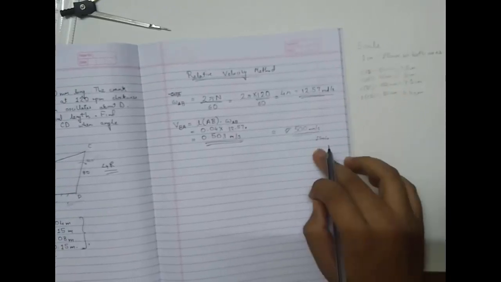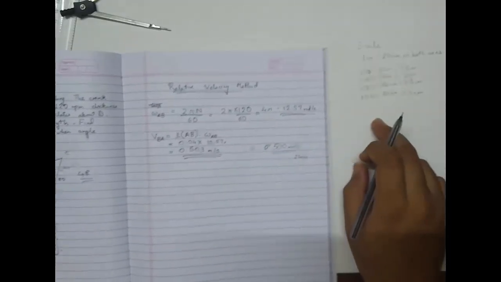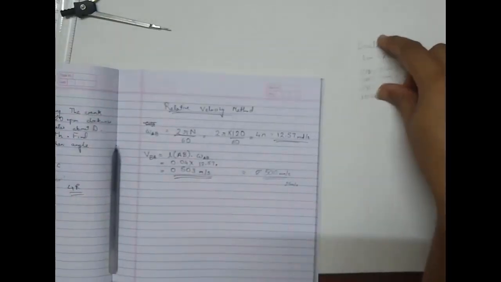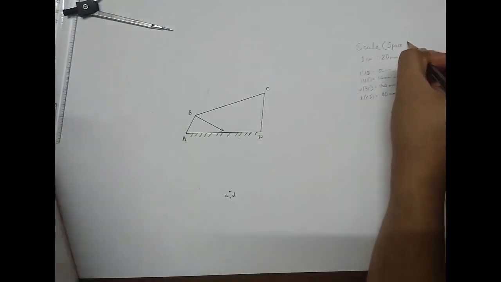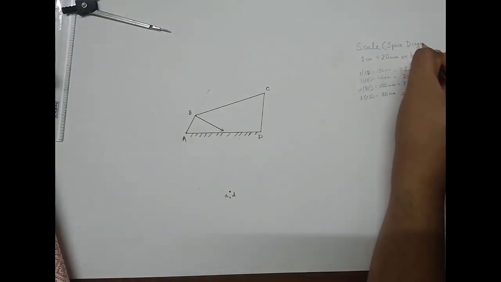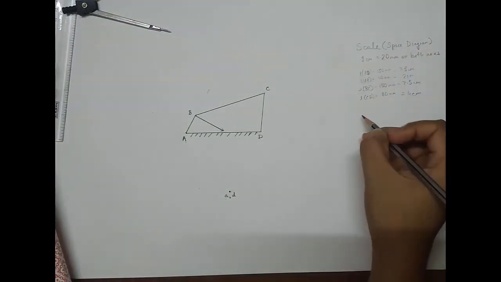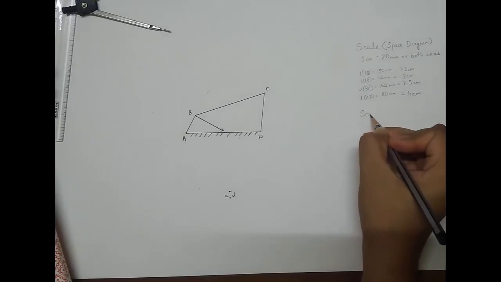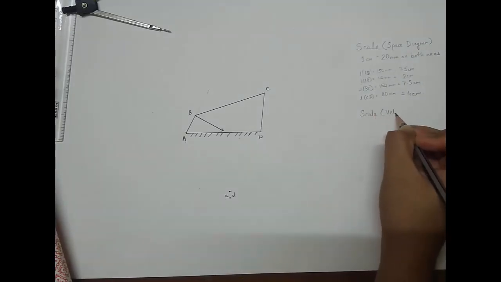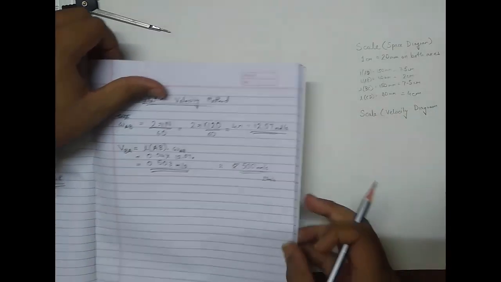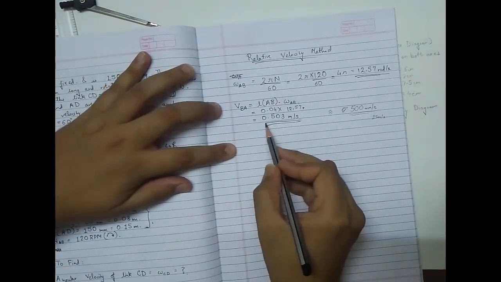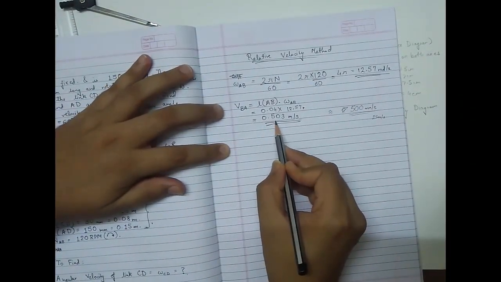So for the velocity diagram, we have to take another scale. This becomes our scale for the space diagram. Similarly, we need another scale for our velocity diagram. Scale for velocity diagram. What is the velocity of AB? 0.5 meter per second.